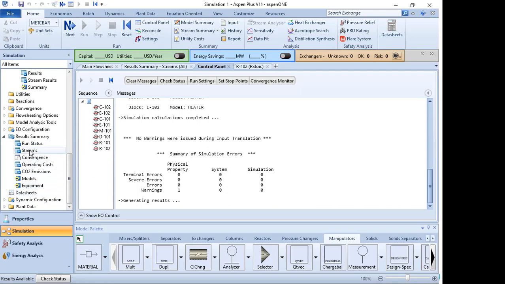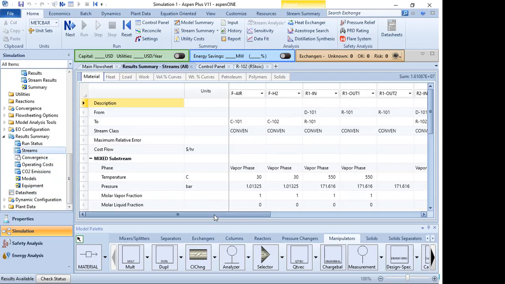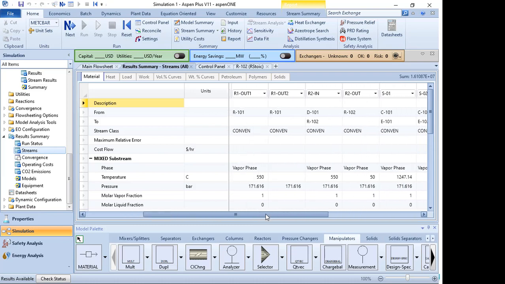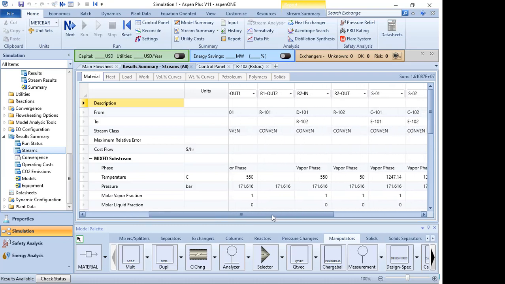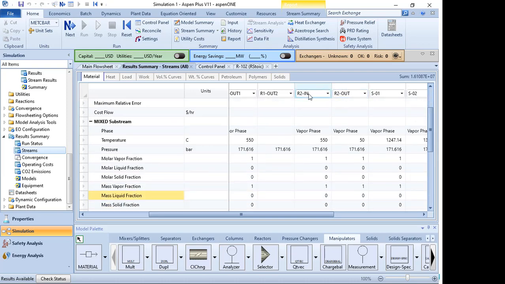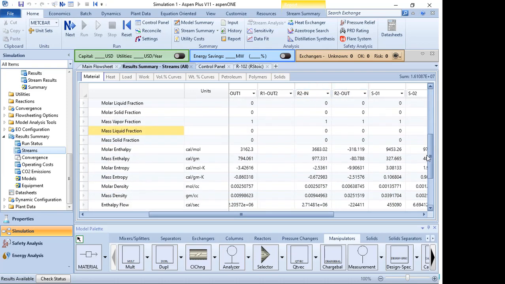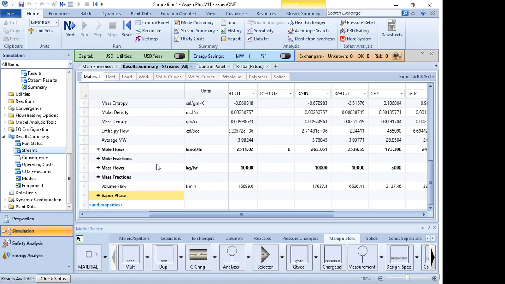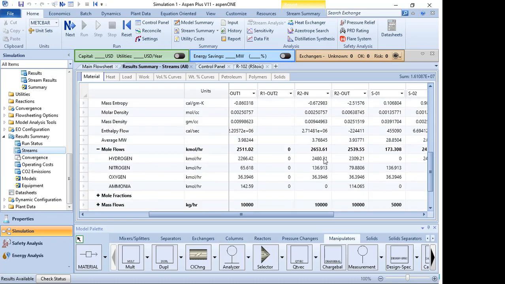And then if you want to study more on the product, you can go to the result summary of the stream, and then you will find the R2 in and R2 out, and you can check the conversion of the nitrogen in here. The nitrogen outlet should be 0.41 from the nitrogen inlet.